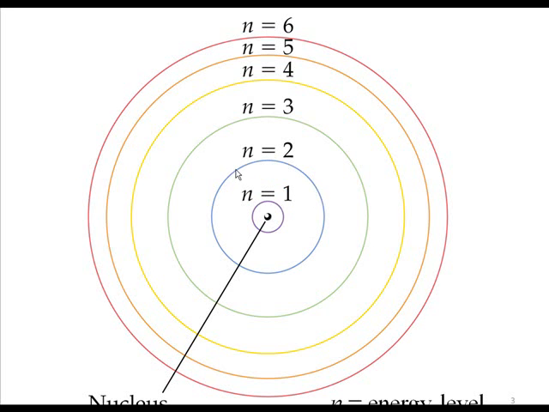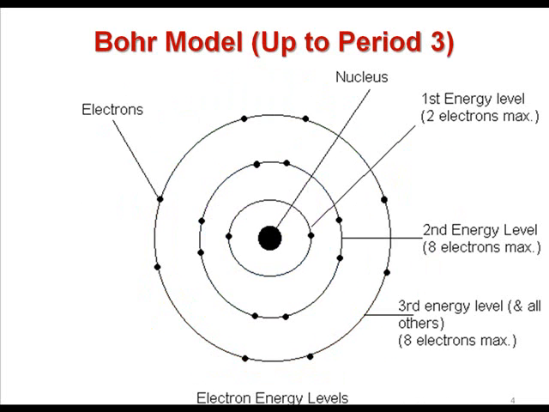As we just showed, the electrons can jump back and forth between the shells, giving off light when they fall back. And so this is the Bohr model description of the atom.